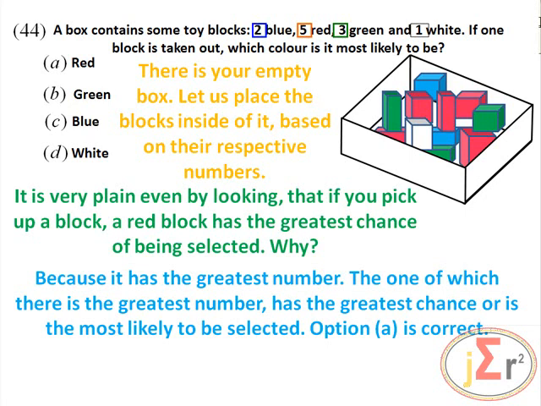Option A is correct. It is most likely to be red. If we just look, it's obvious to us that if we just grab one, it is quite likely to be red and more likely to be red than the others.